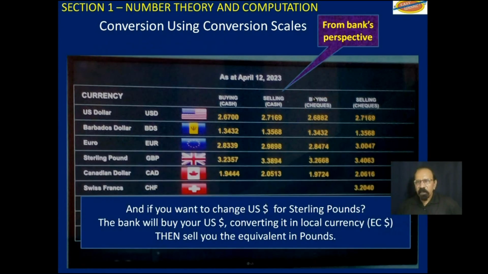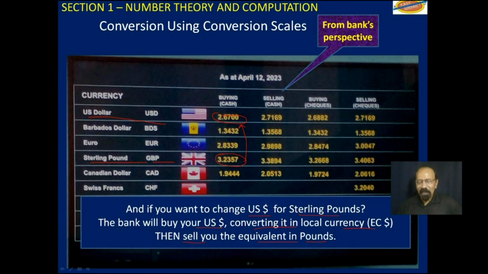And if you want to change US to sterling pounds, what happens? Now, the bank will not work out a factor between those two. What the bank will do, it will buy your US, converting it to local EC dollars, then sell you the equivalent in pounds.